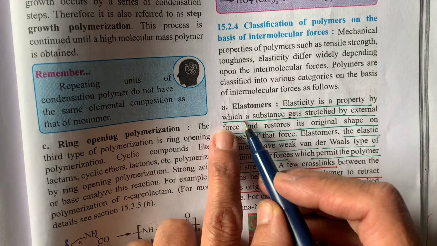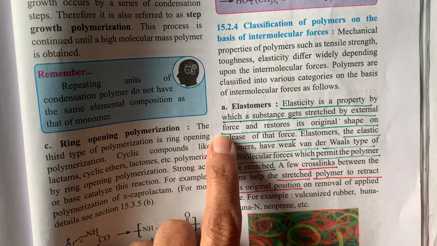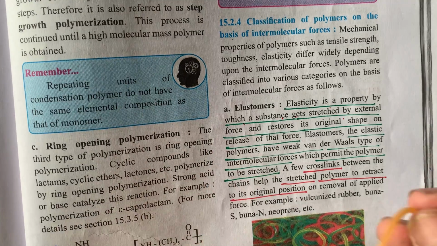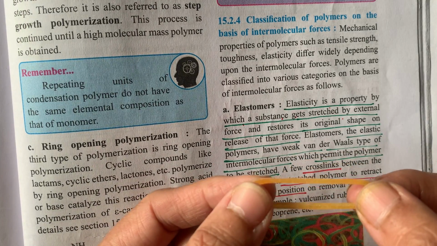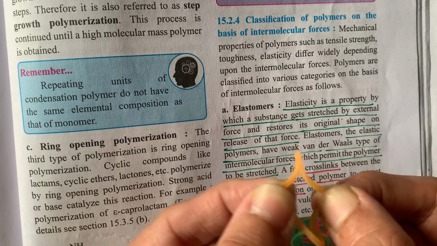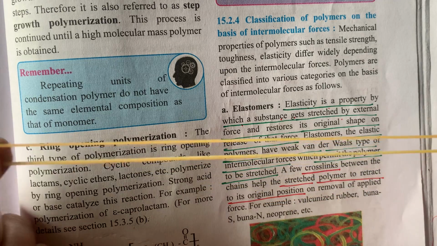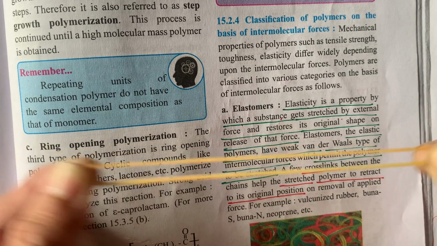Elasticity is a property by which a substance gets stretched by external force. See, I am applying external force at this end, and I stretch this rubber band like this.